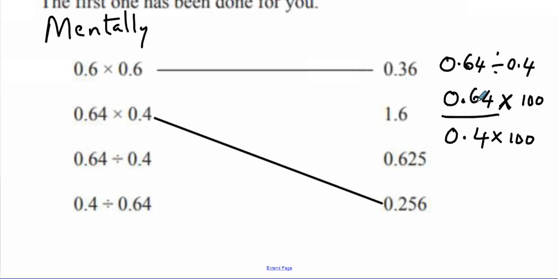What is 0.64 times 100? We ignore the decimal point, and then we put the number like so, and these 2 zeros, we put them next to each other. When you count, there are 2 decimal places, so you count 2 numbers from the right hand side.